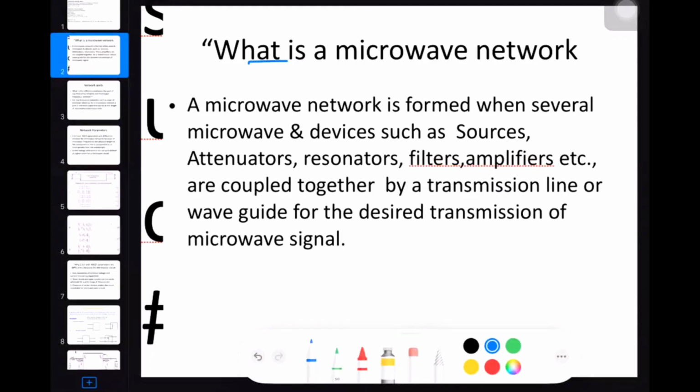low frequency networks. But with those theorems and the assumptions you have studied over there, you cannot analyze a microwave network, because the main reason is that a microwave network carries high frequency.